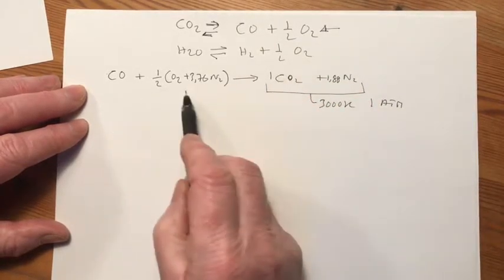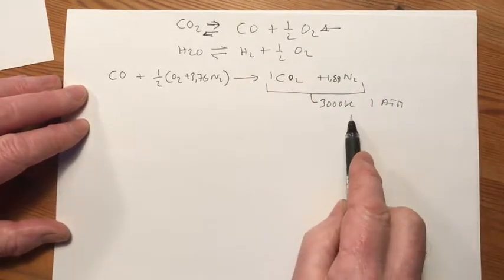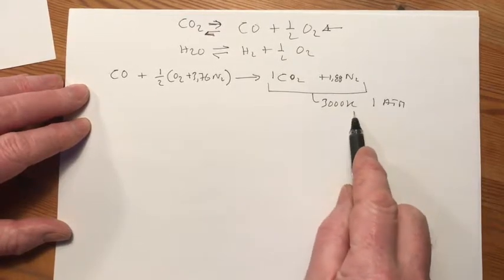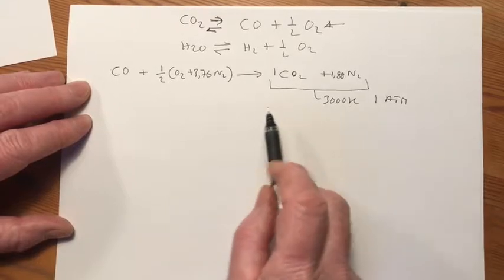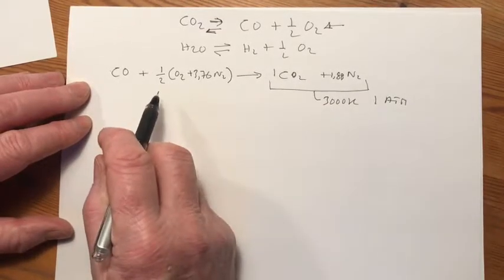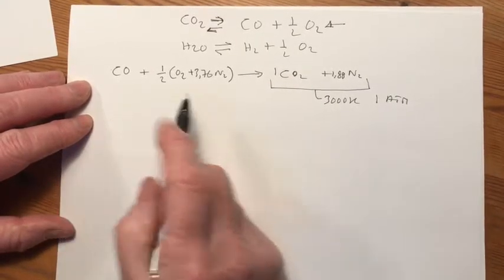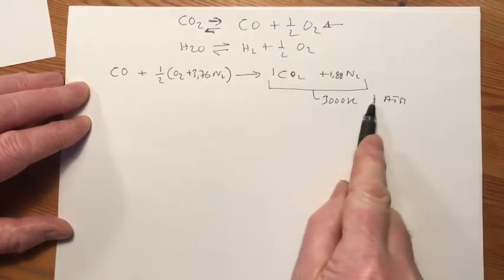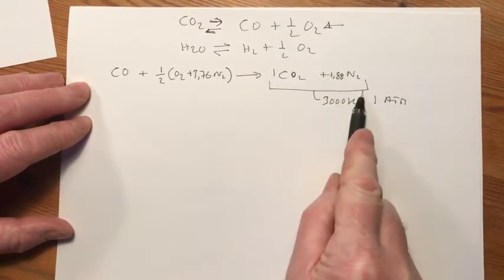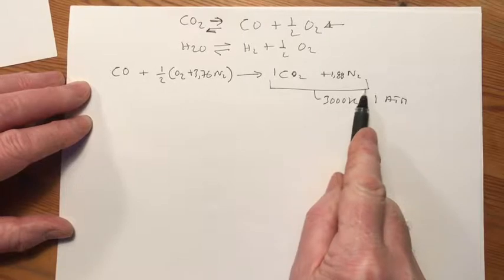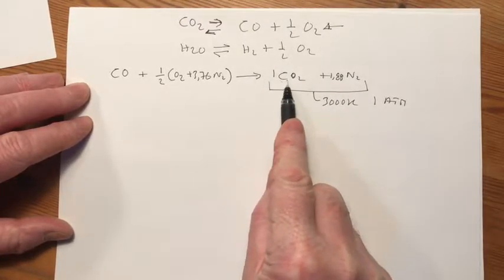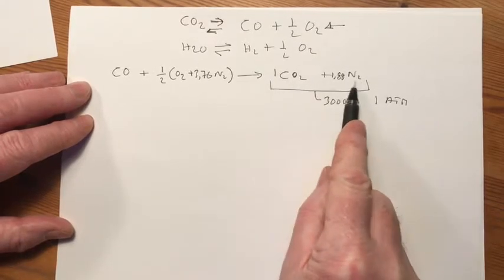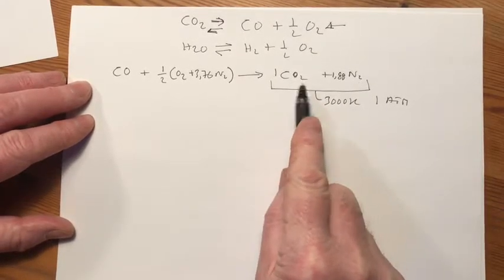We would have to preheat this to a very high temperature to get 3000 Kelvin. But at 3000 Kelvin we're going to get significant dissociation. So the big trick here is to look at these products of combustion in a way as reactants. So we know that CO2 is going to split. The N2 will not split, so the CO2 will split.